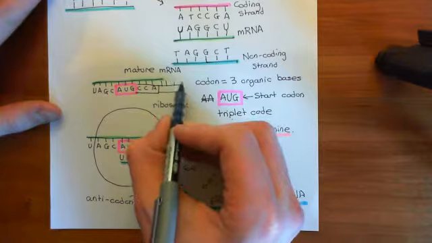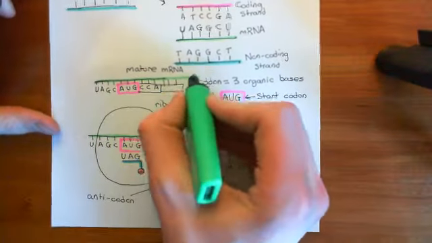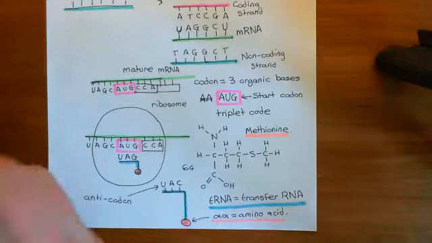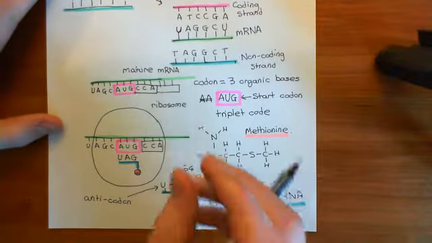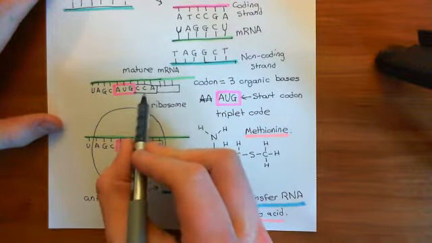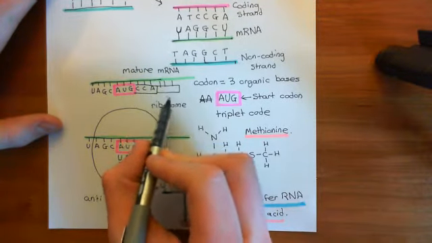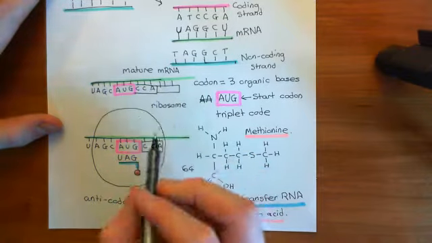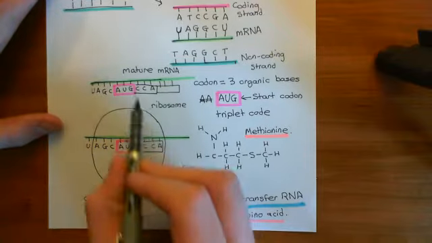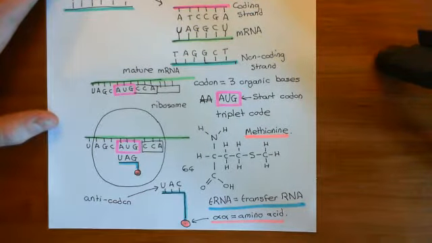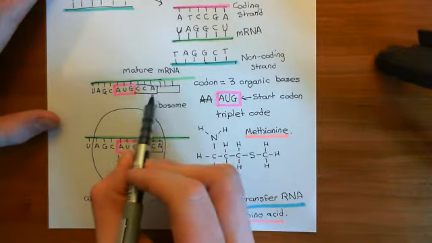And for each one of these combinations of three organic bases, known as a codon, you will look at the specific sequence of those bases, and you will then find an amino acid that is supposed to be put in for that codon. So for each codon, there is a specific amino acid that is supposed to be put in. Okay, and this will be the amino acid that is attached to the tRNA, which has an anticodon complementary to that codon. Okay, now there are 64 different plausible codons.